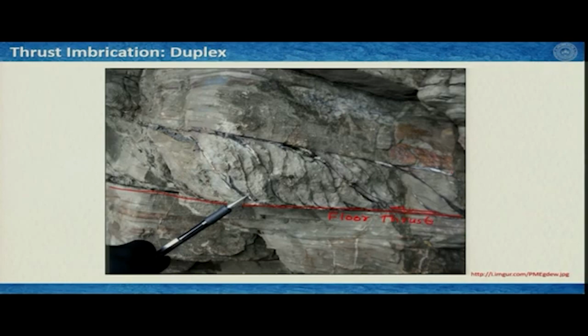And there is also one more here going like this, and this is your roof thrust. And between the floor and roof thrust, you have the imbrications like this. Don't mix it with cross bedding. This is a tectonic process.